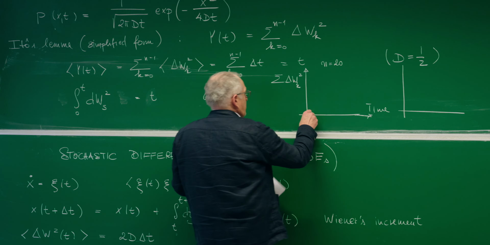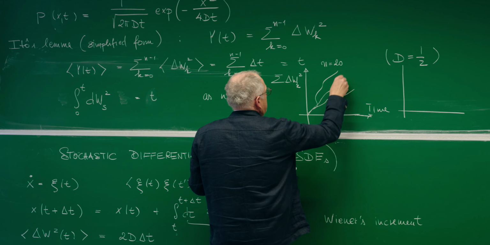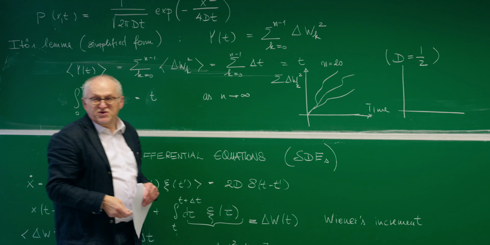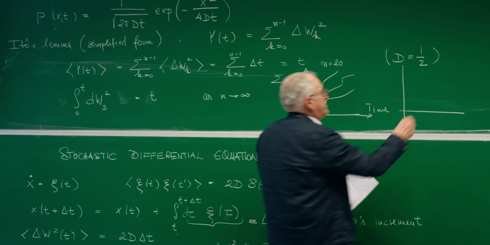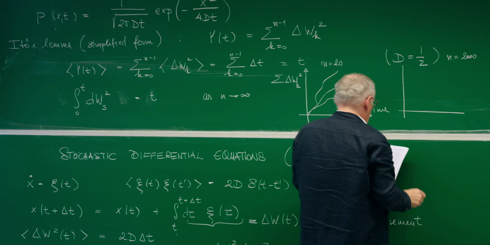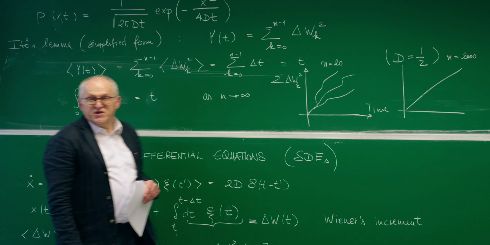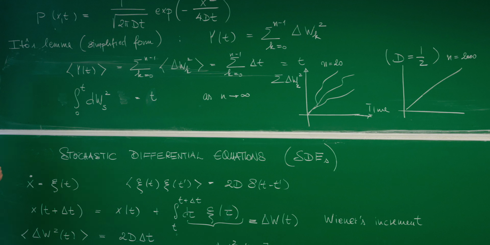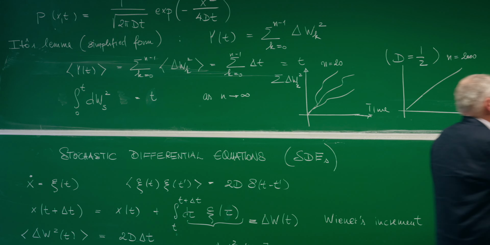And what you will get is something like this. A very broad distribution of values. If you increase n to 2000, and you may try this on your own, you basically get that. All the trajectories fall on a single line. Well, why is that so? Let me show it to you.